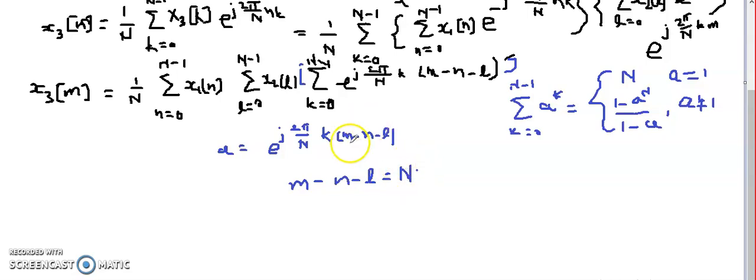If it is N, then this N and N get cancelled, and it will be e raised to power 2 pi k, and the value of e raised to power 2 pi k is 1. So a raised to power N is 1 for any value of k.